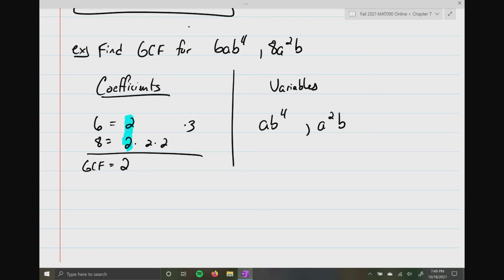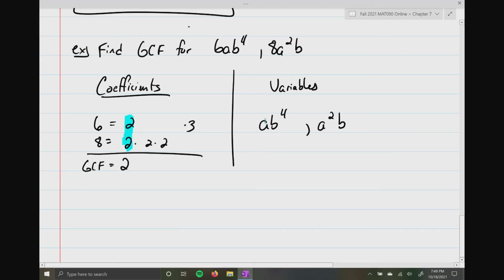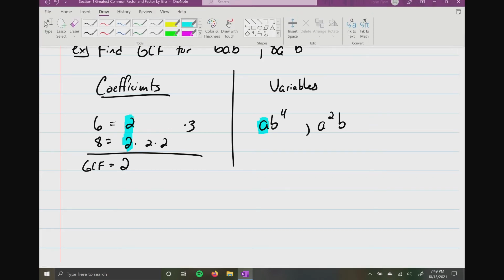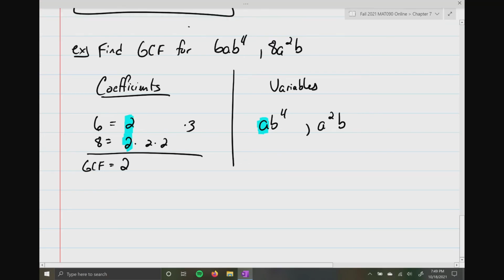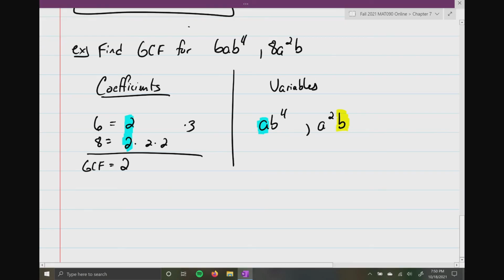So I'll highlight first. Let's look at the a's. This is a to the 1st, and then you have a to the 2nd. Well, a to the 1st is smaller. Now we're going to look at the b's. In the first, you have b to the 4th, but in the second, you have b to the 1st. So that is going to be smaller. Therefore, your GCF for the variables is just ab.